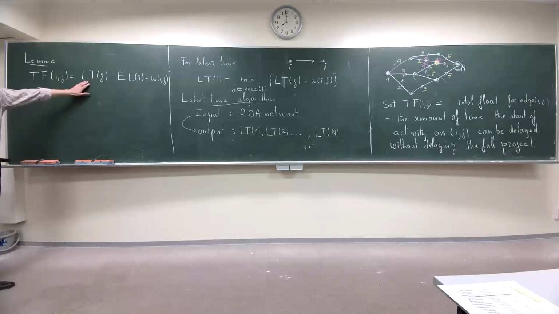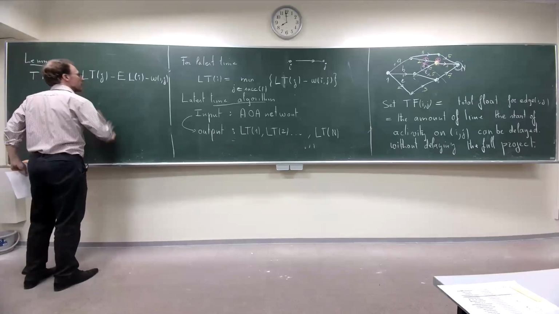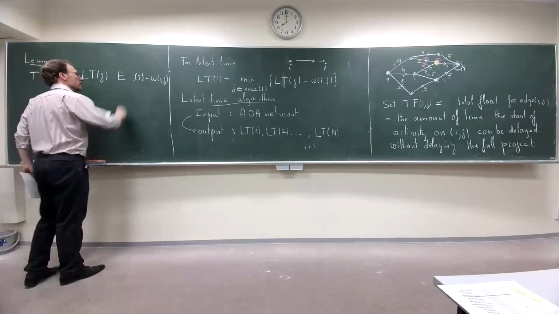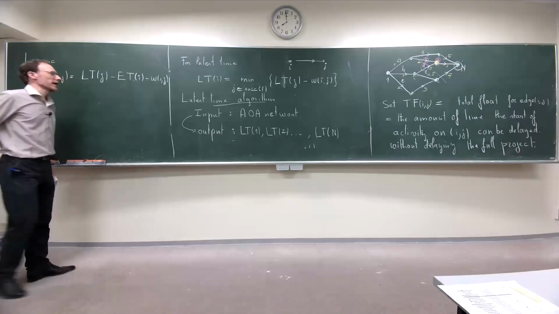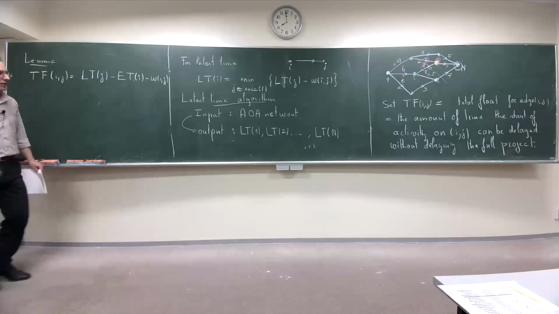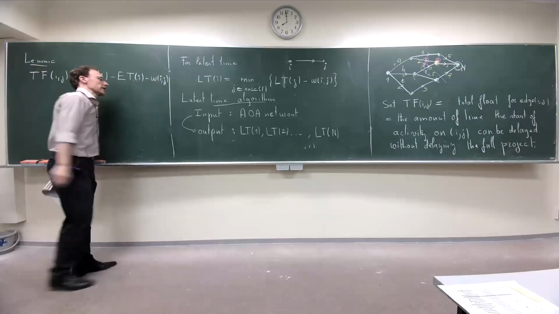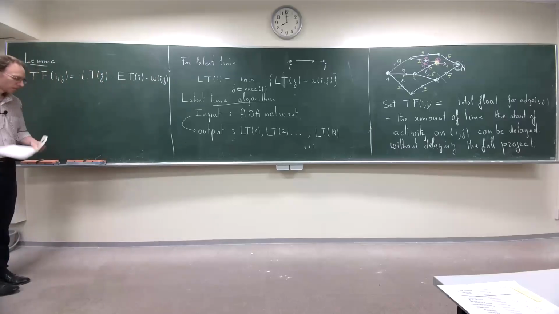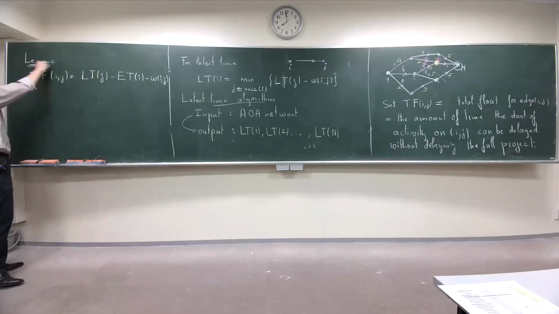Latest time at J minus earliest time at I minus, of course, the time you need for the activity on edge IJ. If you think about it, this is not surprising.